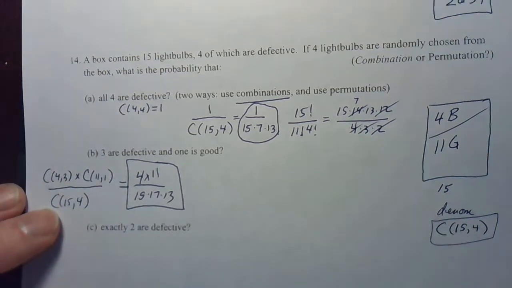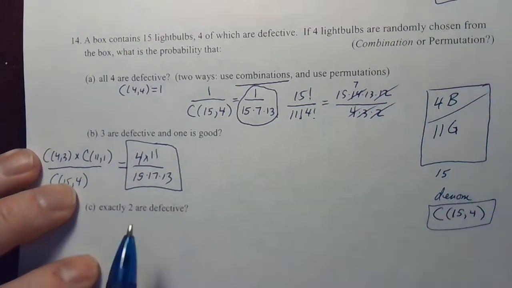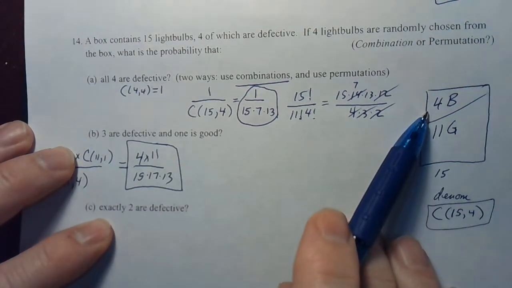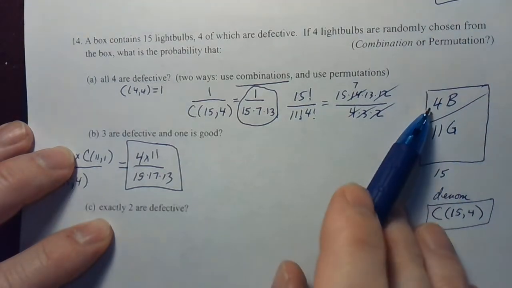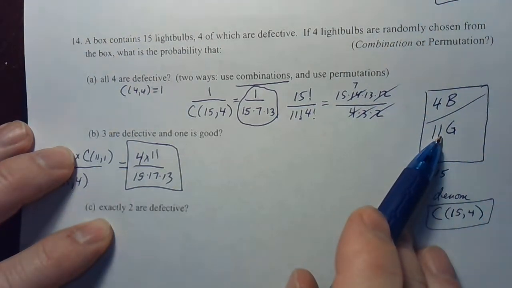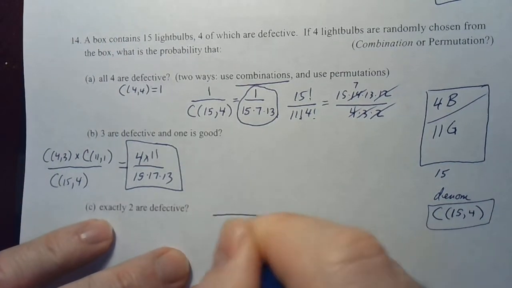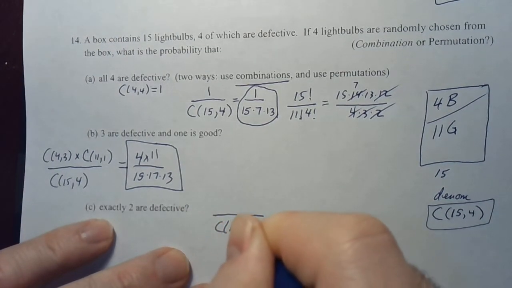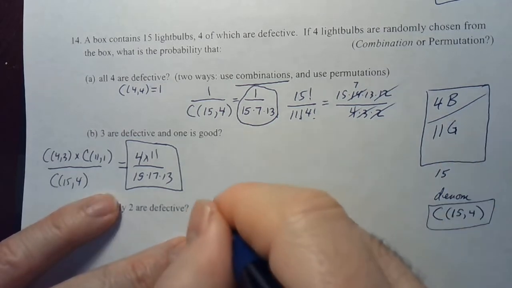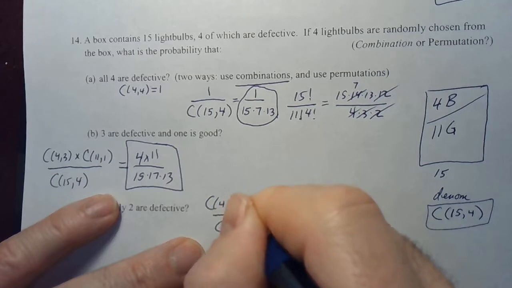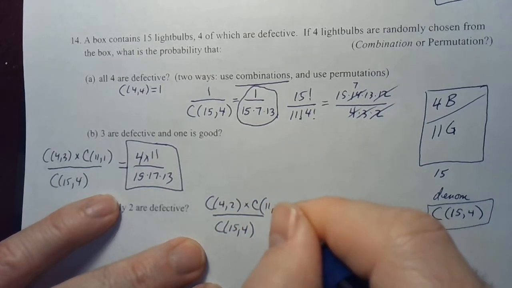Okay, how about the probability of exactly 2 being defective? Another way of saying that is 2 bad and 2 good. So I have to choose 2 from this group and 2 from this group. That's simply going to be, the denominator is the same, choosing 2 from the group of 4 times choosing 2 from the group of 11.